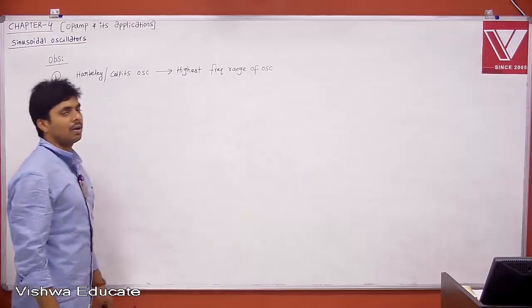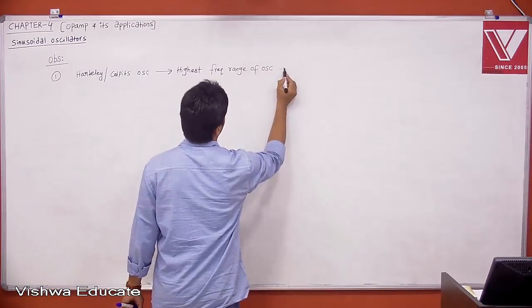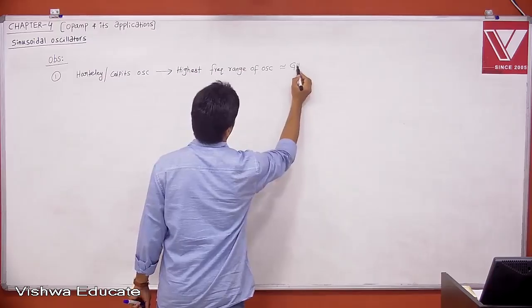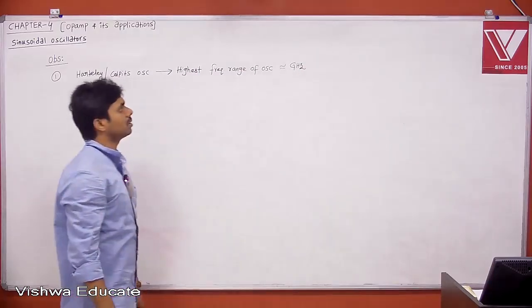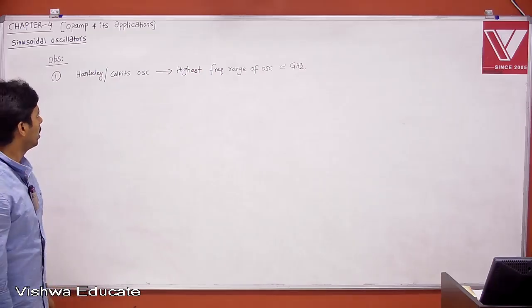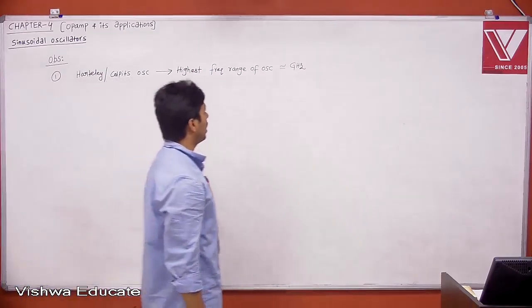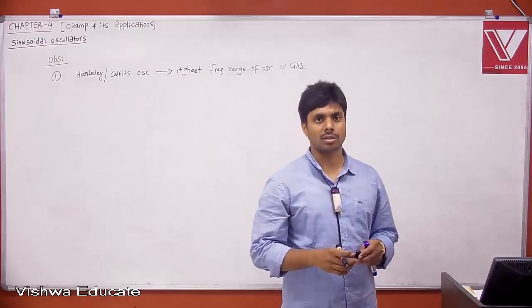Highest frequency range of oscillations, in the order of gigahertz. Hartley or Colpitt's oscillators are providing the highest frequency range of oscillations.